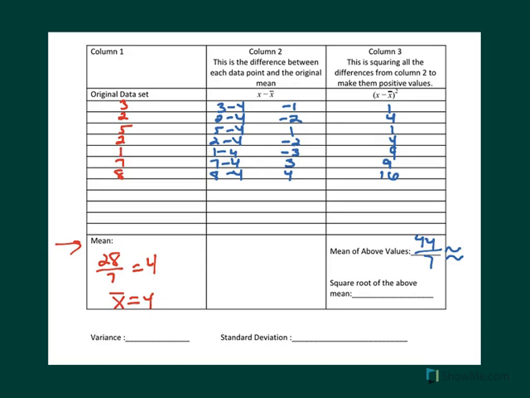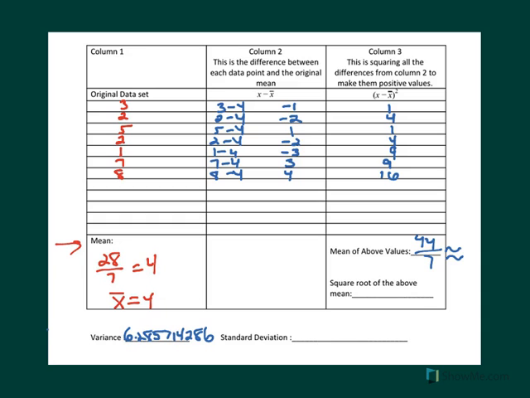I'm going to run out of room, so let's just put this over here. Make sure you hang on to all the decimal places you can. So this is going to be about 6.285714286 is what my calculator has given you. So that's going to be your 44 divided by 7.